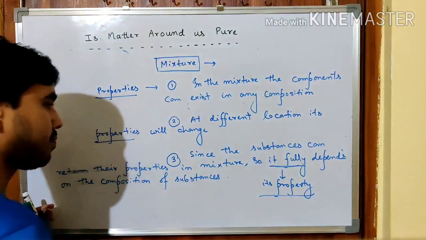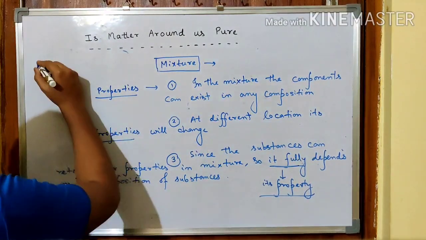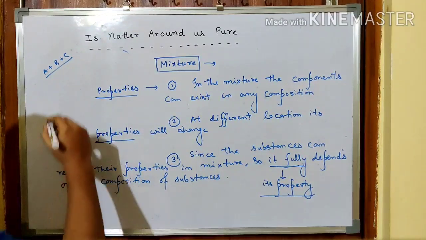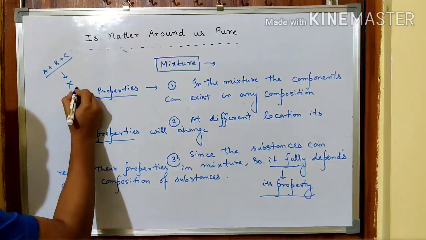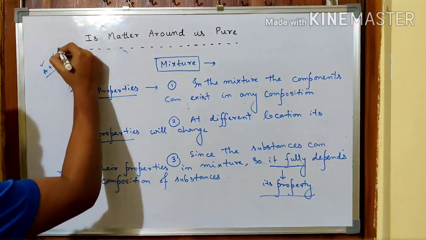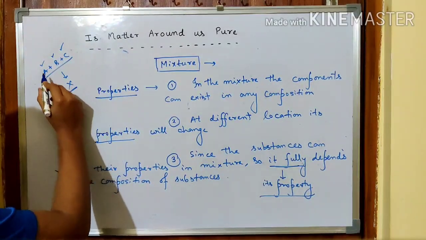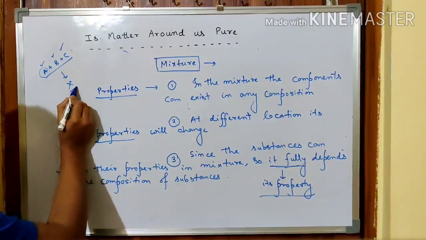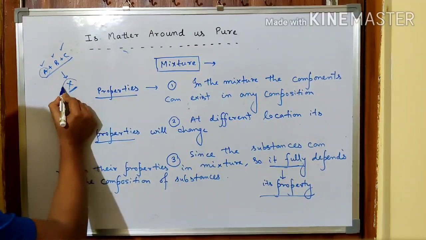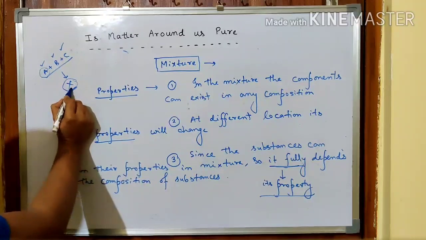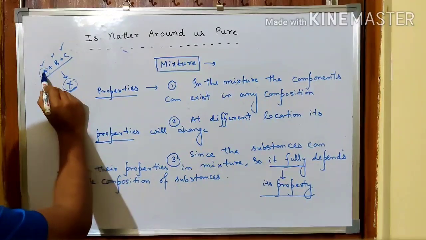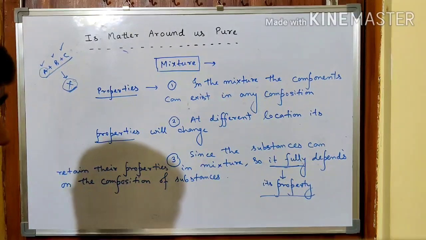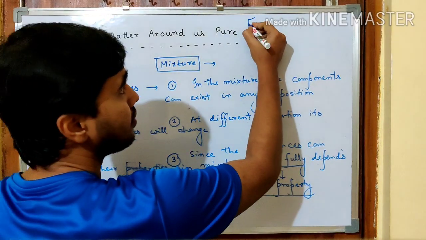Let me explain. We know if we are taking a mixture of A plus B plus C and we are forming X, so in X we have A, B and C as well. Suppose I take more amount of A, less amount of B and C, then the properties of X will not be the same as if I take all of them in equal amount. A very simple example, you take air.